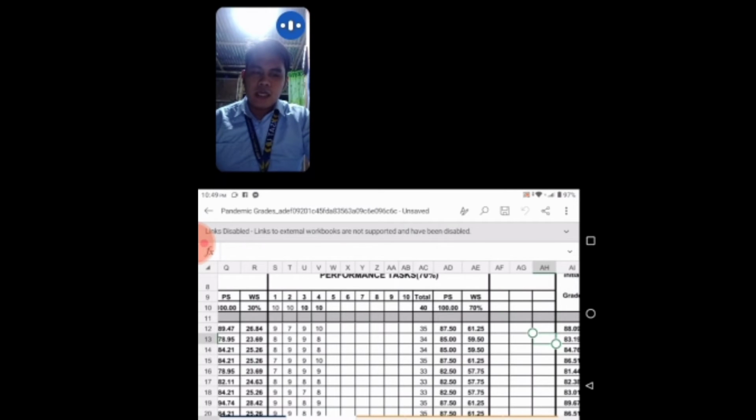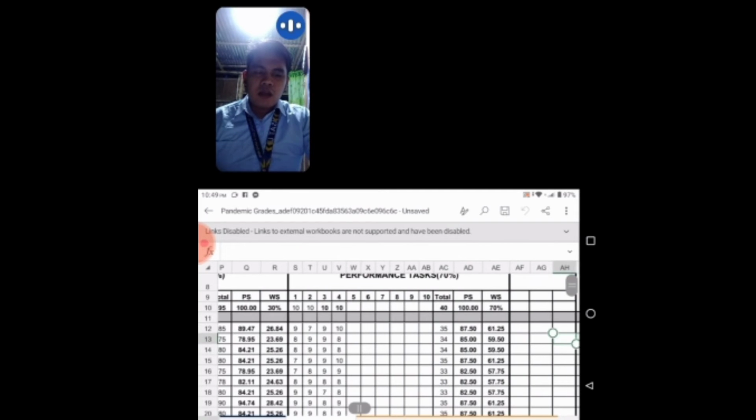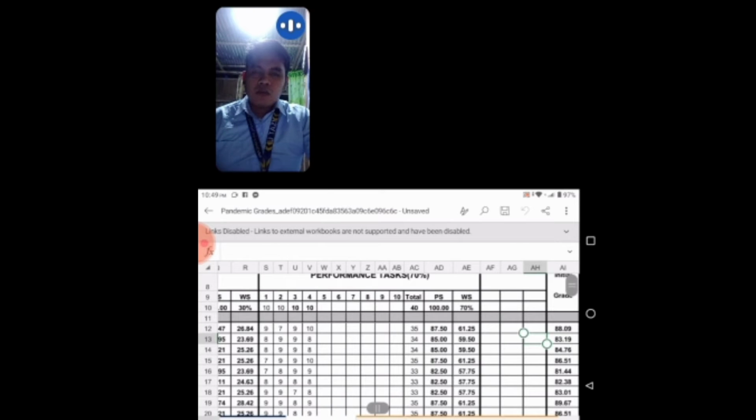She got a total of 35 points out of 40. Again we solve for the percentage score: 35, the raw score, divided by 40, the highest score, multiplied by 100, which is 87.50.